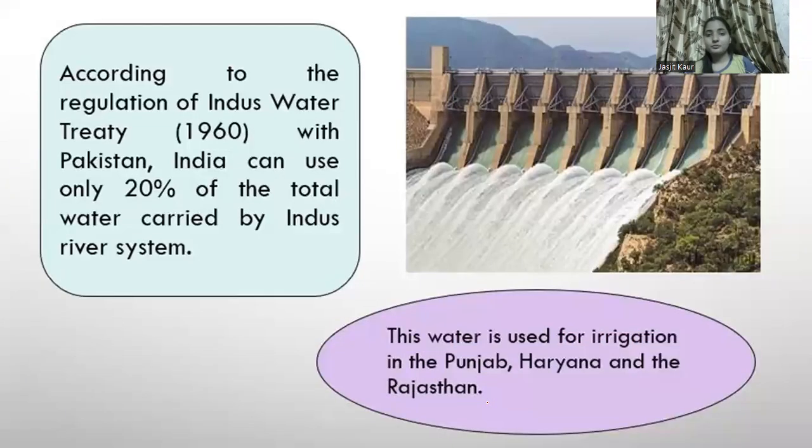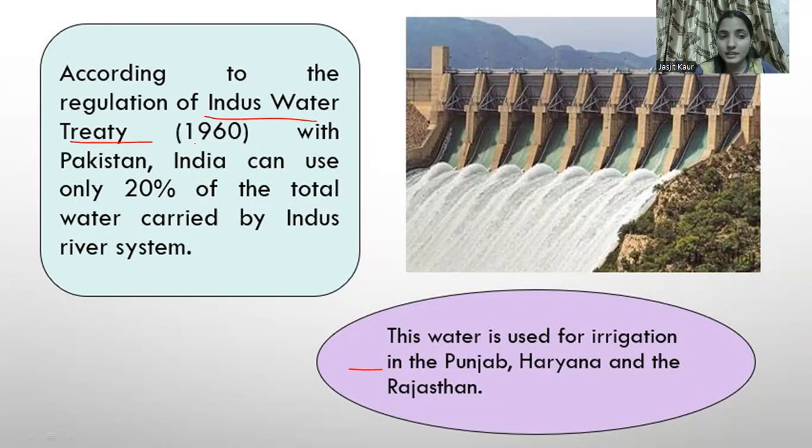So now students, apart from this, there is one treaty related to the Indus River. The name of the treaty is the Indus Water Treaty. This treaty was signed in 1960 between India and Pakistan.